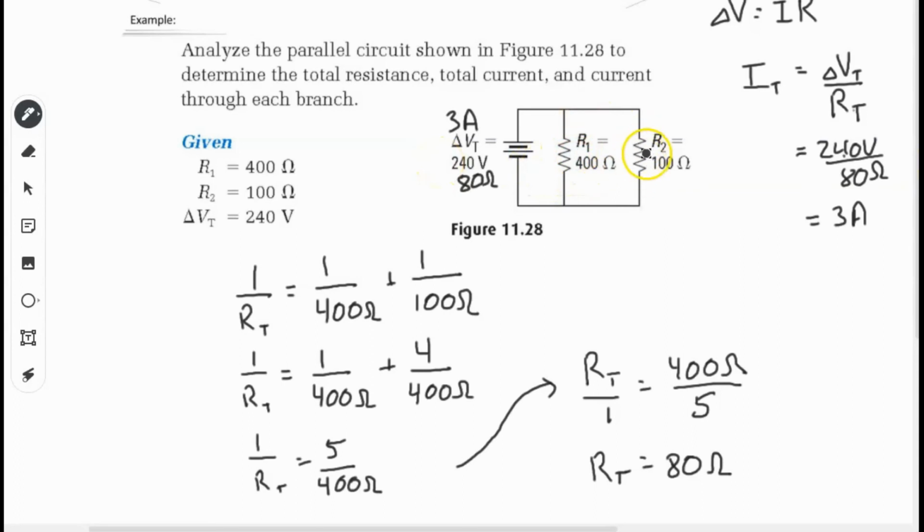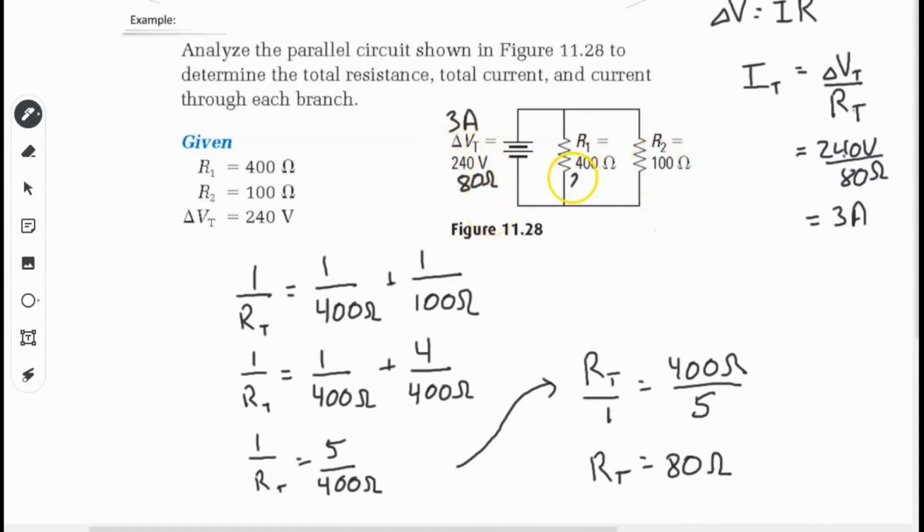This is a parallel circuit. Now, current is not the same in a parallel circuit. This could be 2, this could be 1, this could be 1, that could be 2, or this could be 1.5, and that could be 1.5. We know they should add to 3, but that's not enough information for me to determine which is which. However, in a parallel circuit, Kirchhoff's voltage law says the voltage is the same.